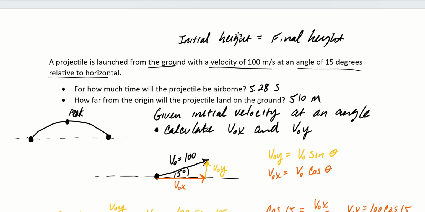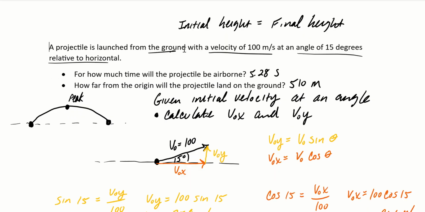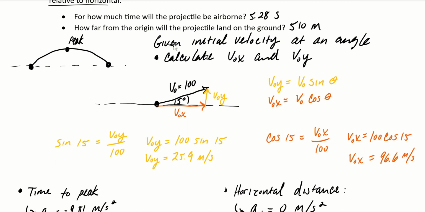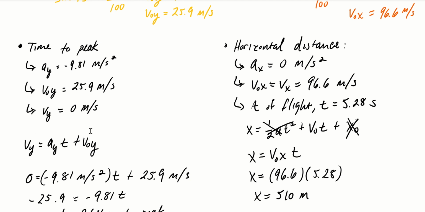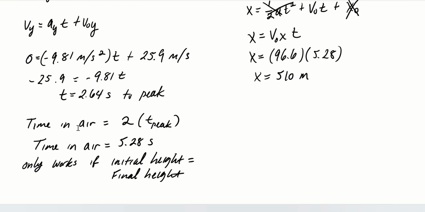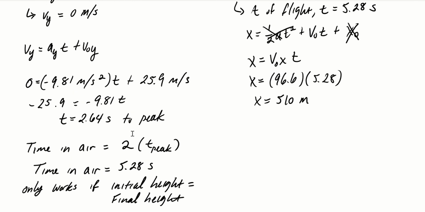So if the initial height is equal to the final height, what you'll have to do is calculate the x and y components of your initial velocity. You're going to have to find the time to the peak using this equation. And then you're going to have to calculate the time in the air.